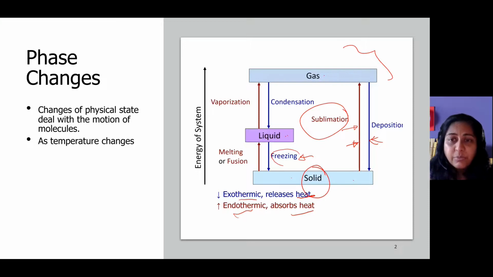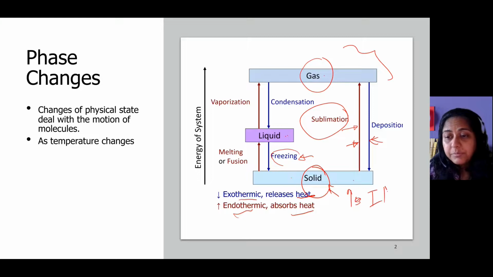Look at the structure of a solid and look at the structure of a gas. Where do you have strong intermolecular forces? Yes, the solid is a compacted structure. In a solid structure, we have stronger intermolecular forces. So, if we change the solid to a gas, gas has the weakest intermolecular forces.